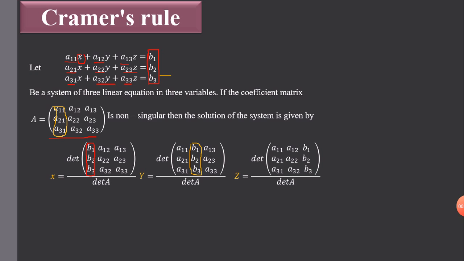And to get the value of z, we are replacing entries in the third column with b1, b2, b3, whilst maintaining the rest of the entries. After finding the determinant of this matrix, we divide by the determinant of A. Of course, we know how to find the determinant of a 3 by 3 matrix. And this method is what we are calling Cramer's rule.